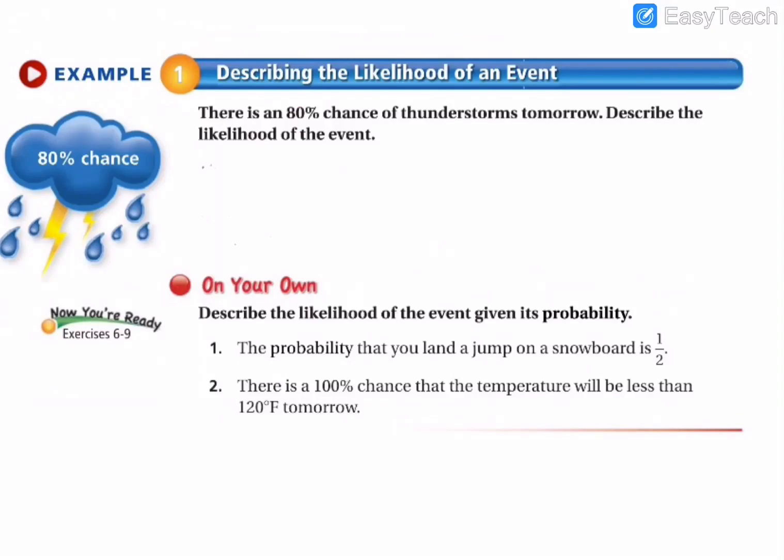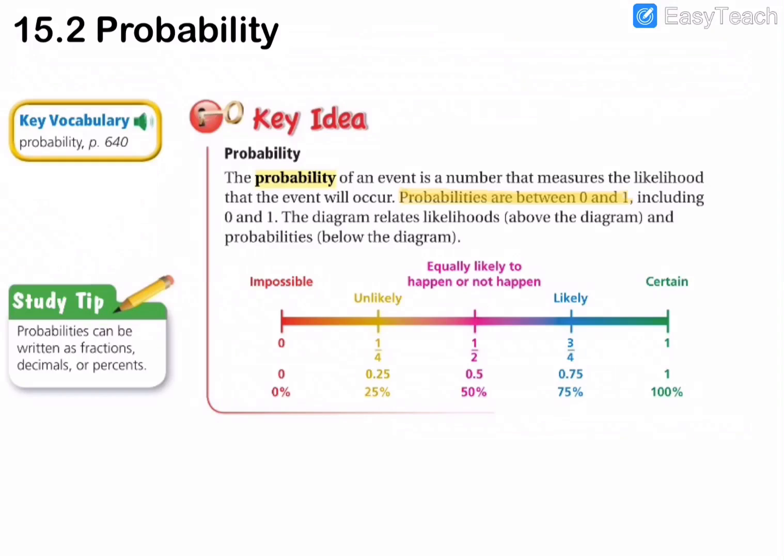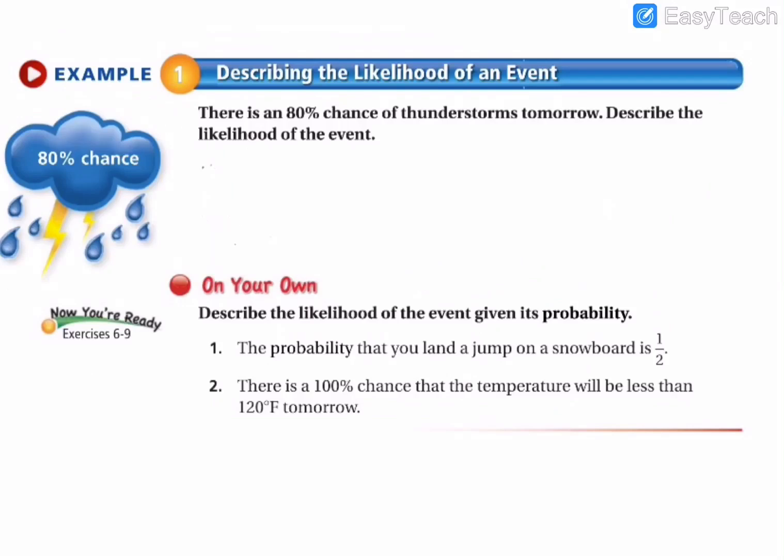So if you go back to your chart, 80% is going to fall in between 75% and 1. What is it closest to? 80 is closest to 75. So it is likely that there's going to be thunderstorms tomorrow.